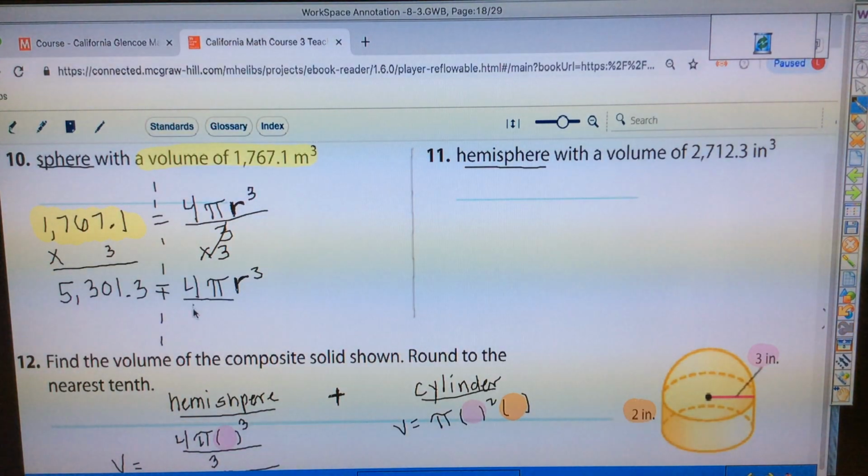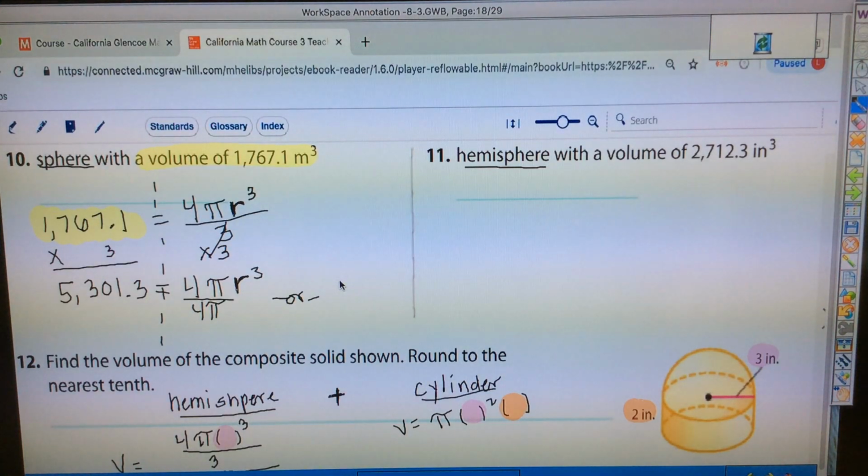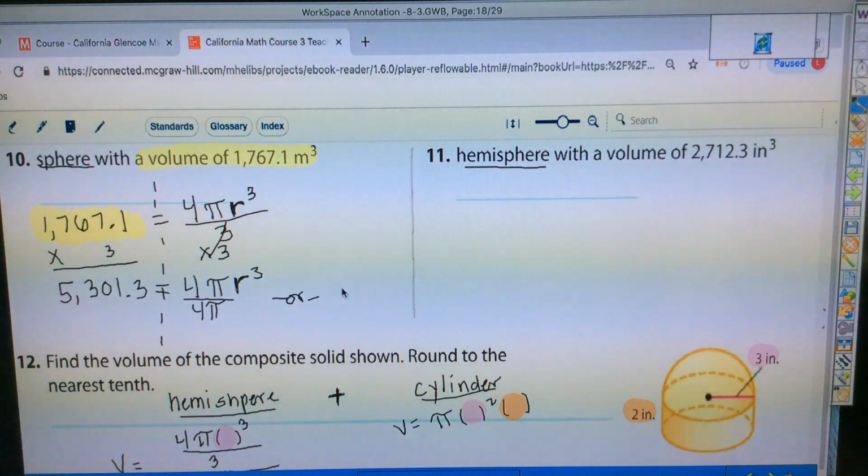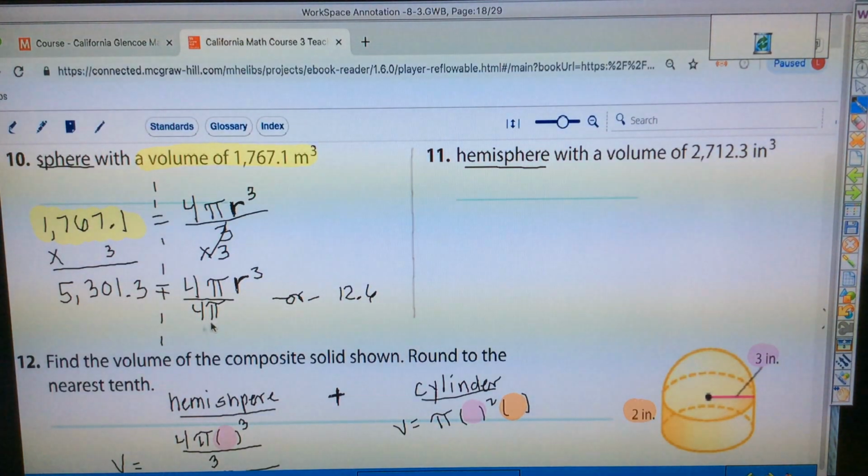Divide by 4 pi, or in this case, 4 pi is approximately 12.6, so you could divide by 12.6. It makes no difference. If you keep it in this format, you have to put the 4 pi in parentheses.